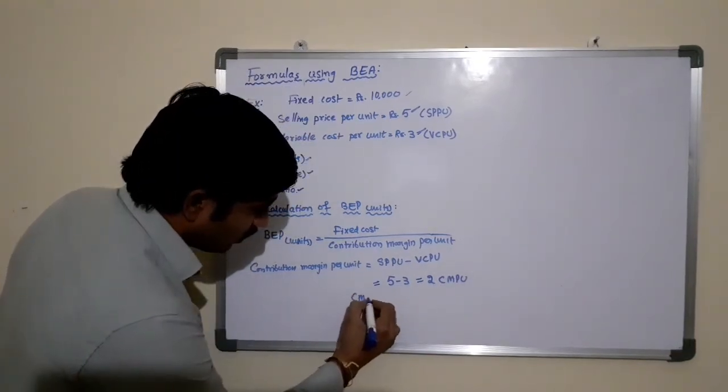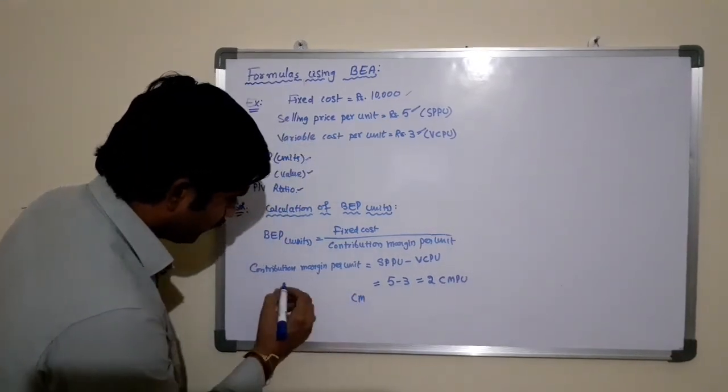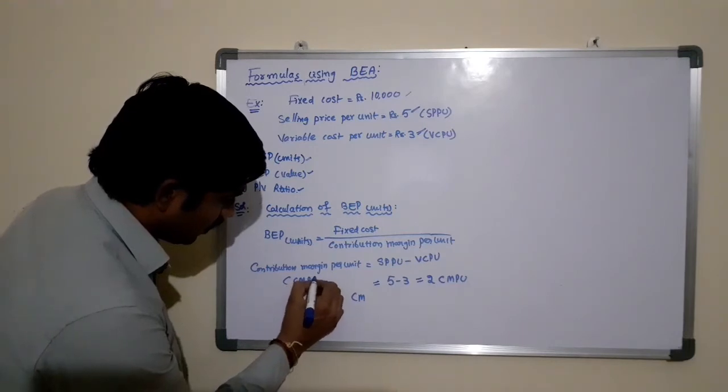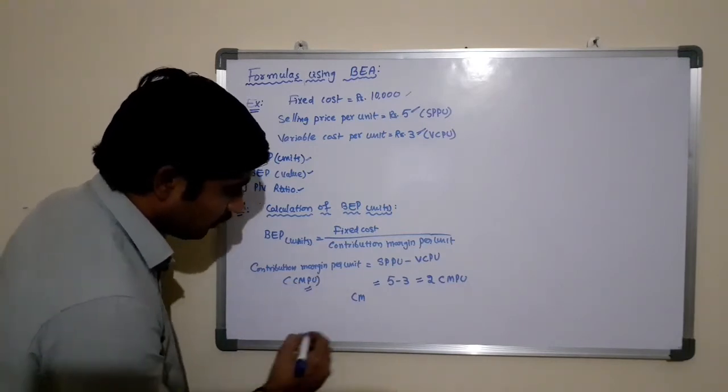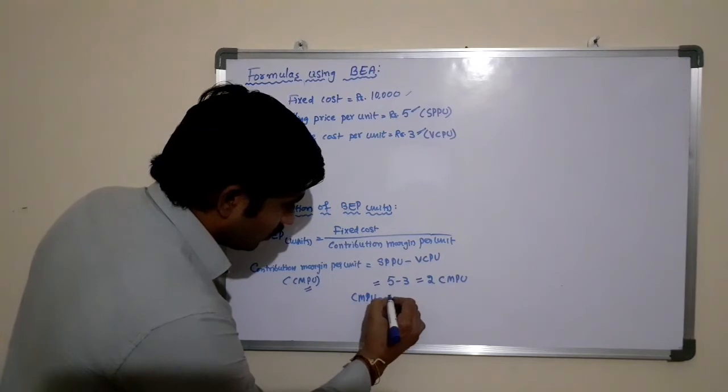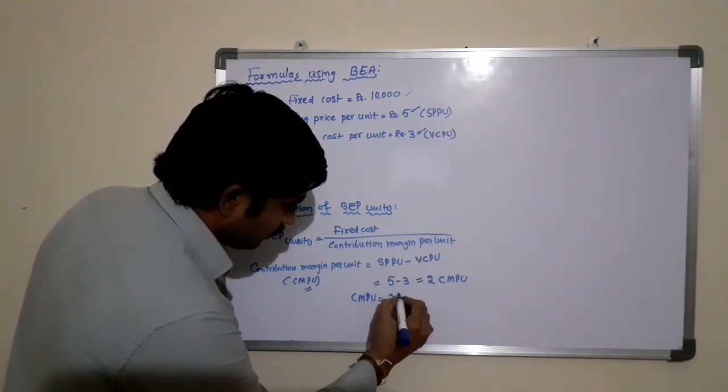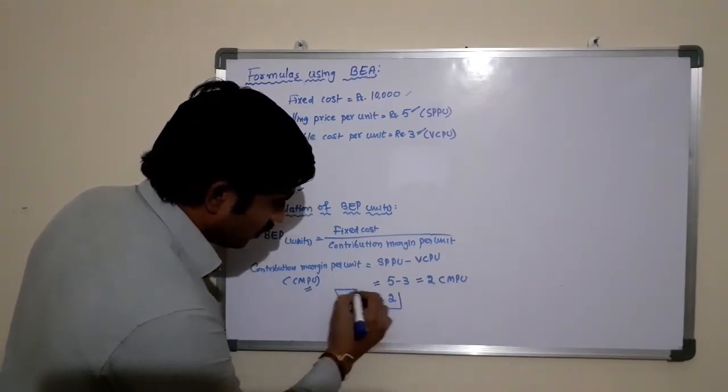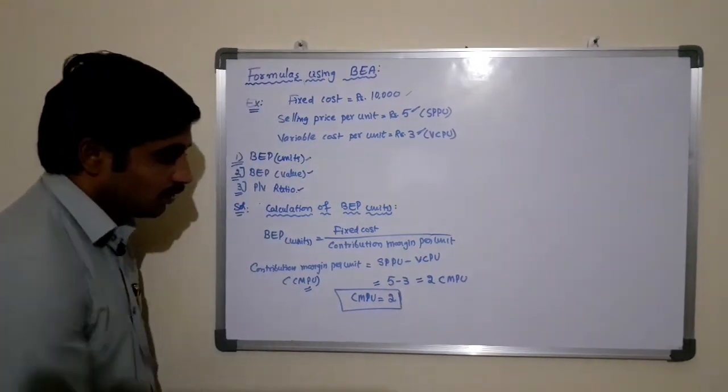Contribution margin per unit, also denoted by CMPU, equals 2 rupees.